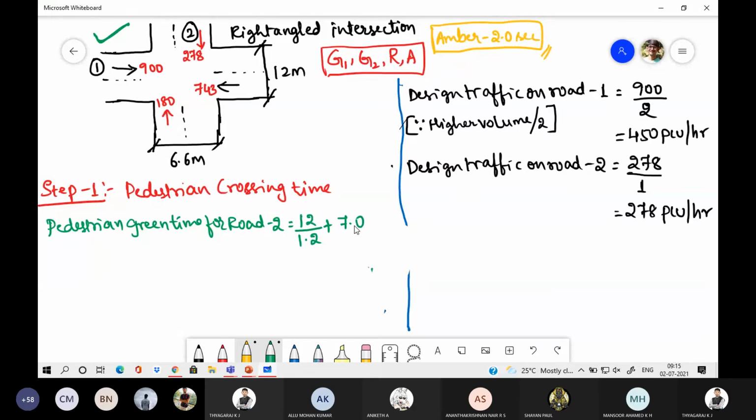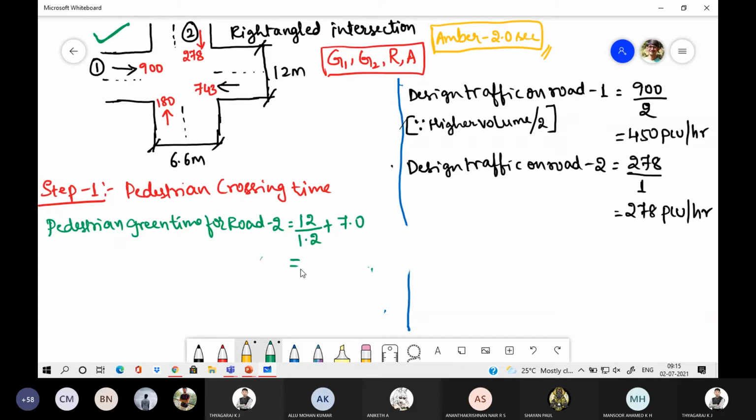So note down, pedestrian green time for road 2. We have to consider 12 divided by 1.2 plus 7. 7 is an empirical number which is specified by IRC.